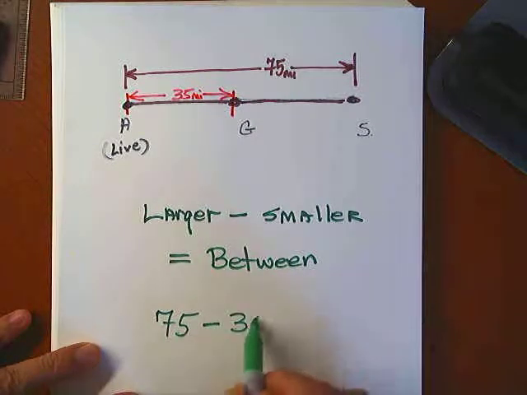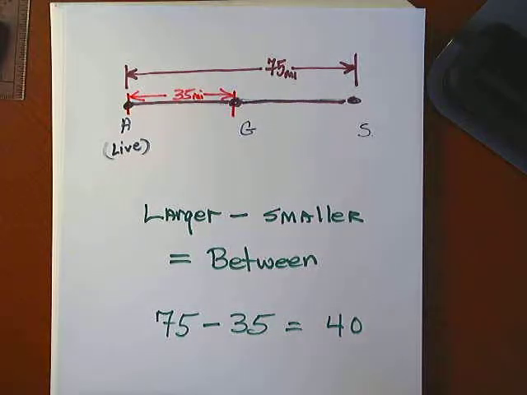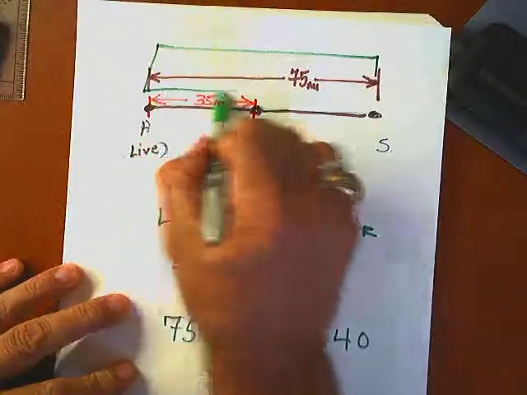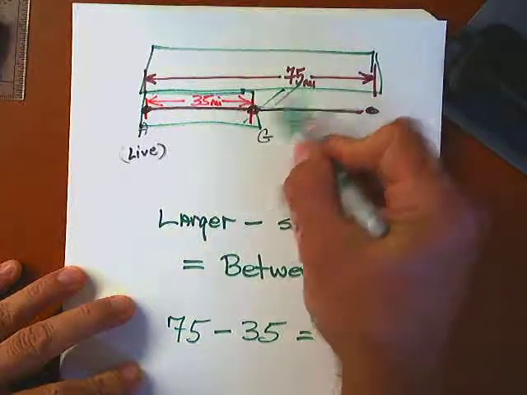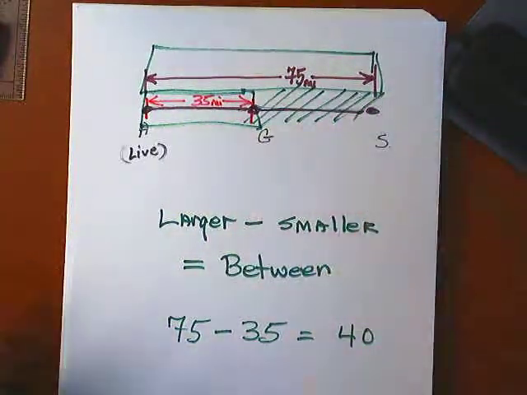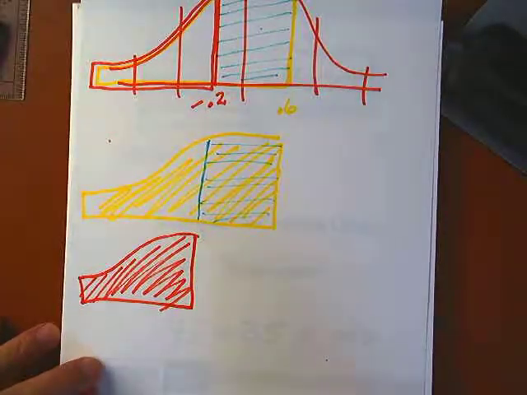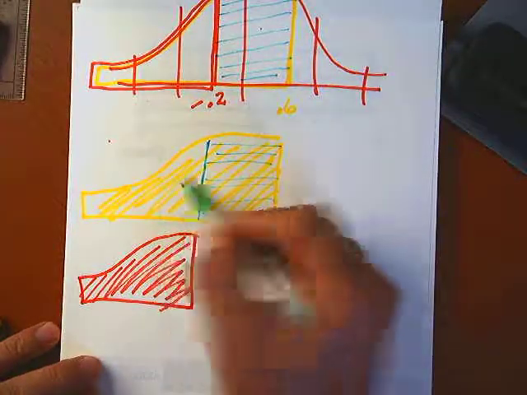How are you going to find what's between Greenville and Spartanburg? Well, everybody knows you're going to subtract. That's what you're doing with the problems in the middle. The problems in the middle, you have the larger area and you subtract the smaller area, and that will give you the area in between.